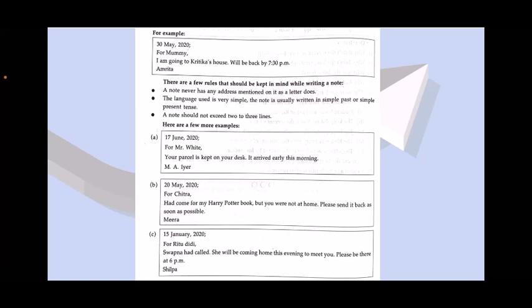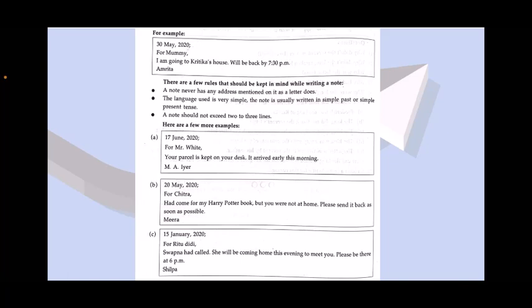Now, there are a few rules that you should keep in mind when you're writing a note. What are they? A note never has any address mentioned on it as a letter does. So as I told you before in the beginning of this video, when you're writing a note, you do not need to include any address. The language used is very simple.